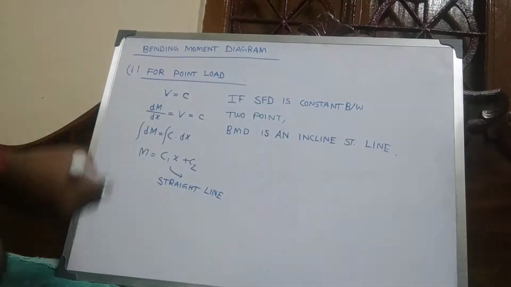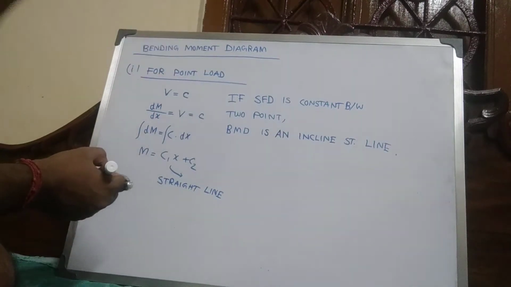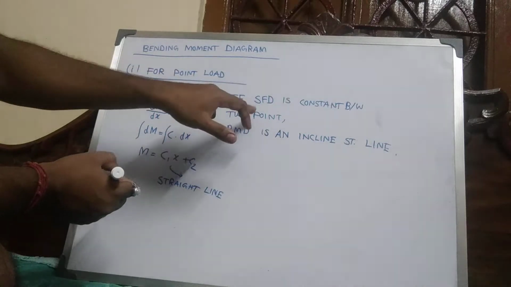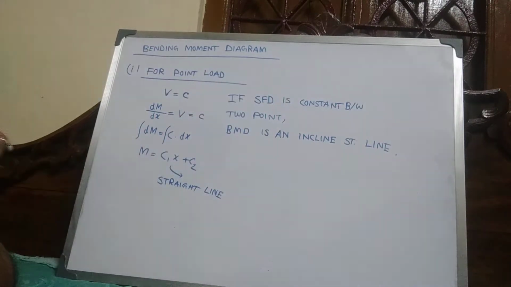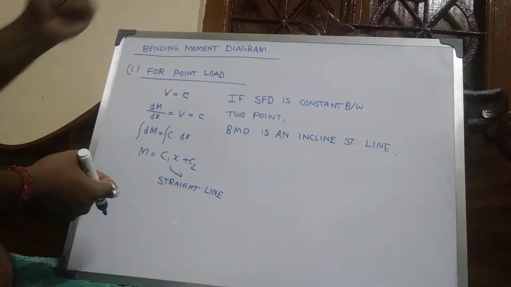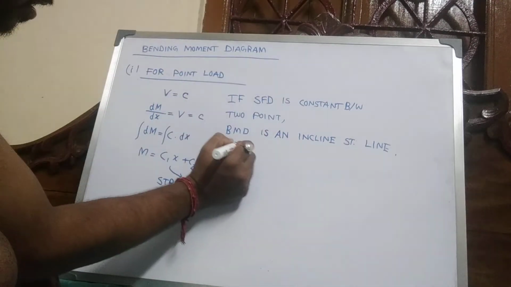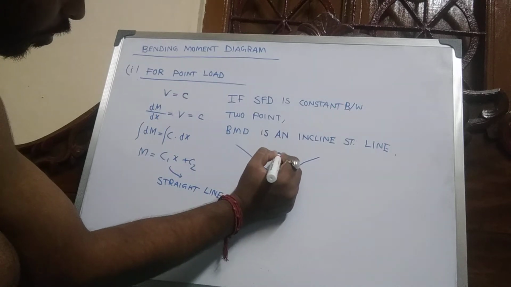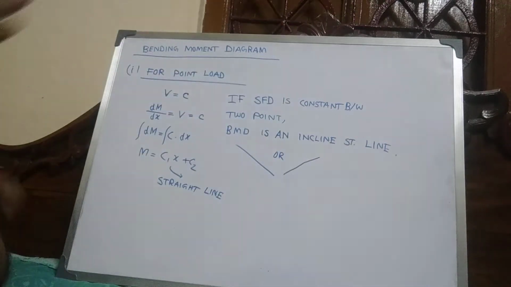This is very important. For point load, we discussed shear force in the previous lecture: shear force is constant, but bending moment is an inclined straight line. Understand?